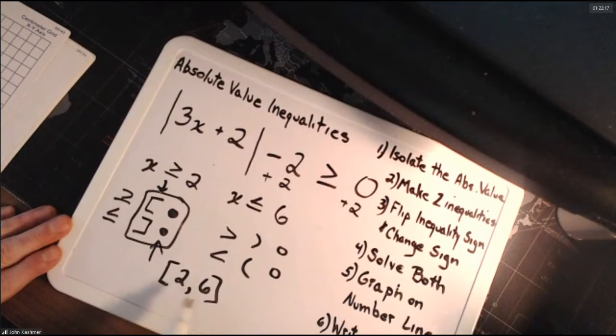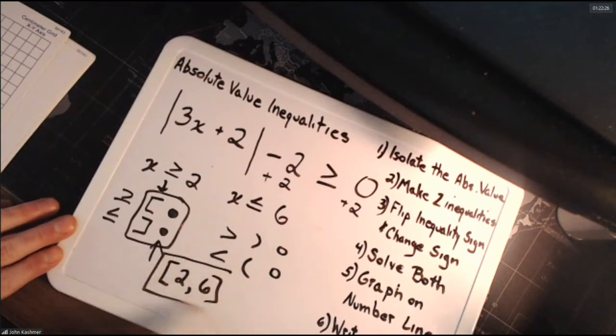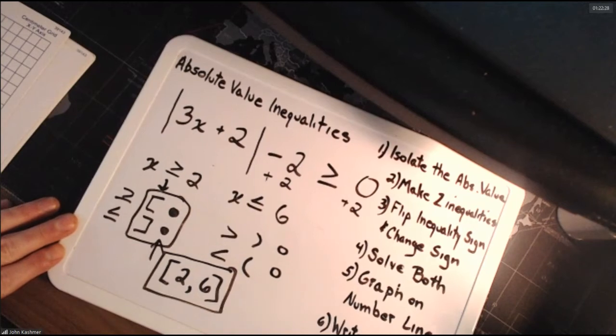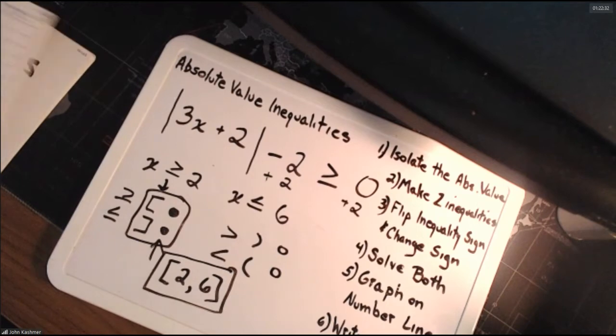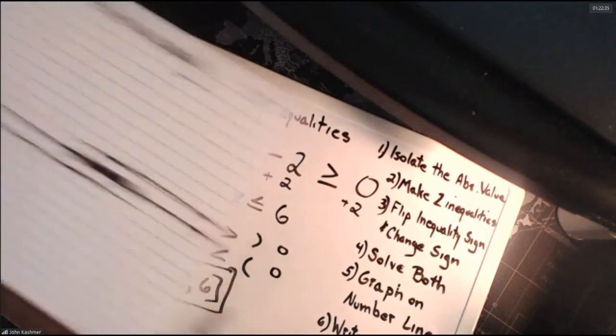That says the solution is everything including 2 and including 6 and in between them. Okay, and that would be the solution set for your answer. All right, you could also do each individually if they didn't want you to give an answer for both.